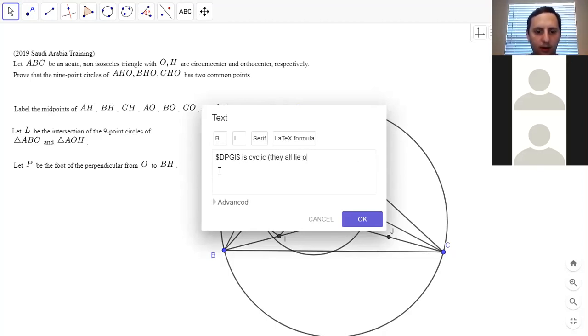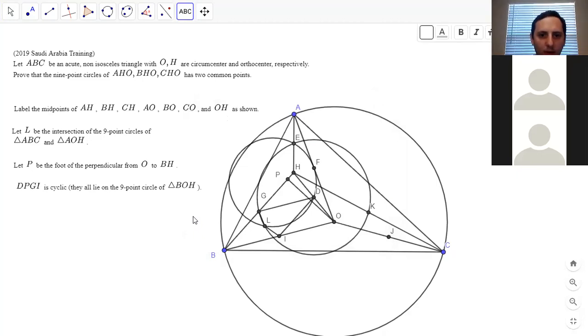So they all lie on the 9-point circle of BOH. And once we know that, then we can do an angle chase to show that L also lies on that circle.